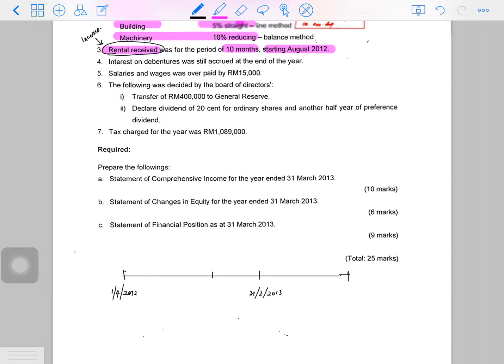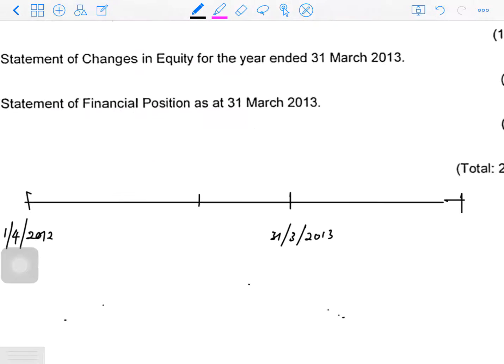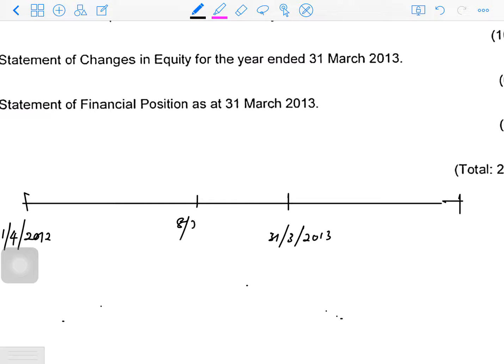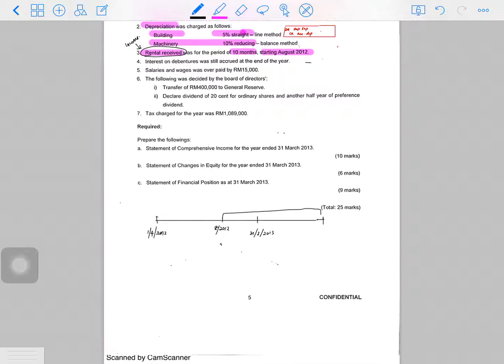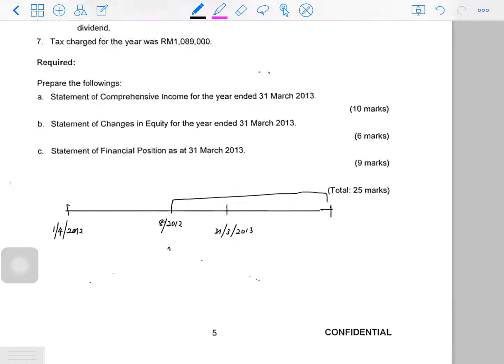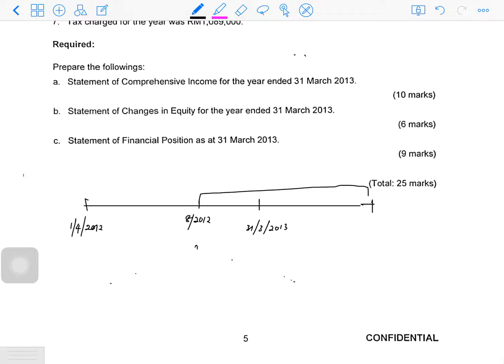It says starting in August 2012, for 10 months. 10 months means the months 8, 9, 10, 11, 12, 1, 2, 3, 4, 5.